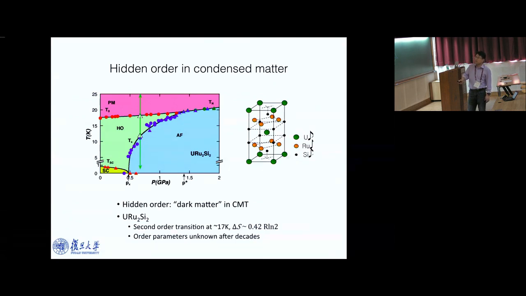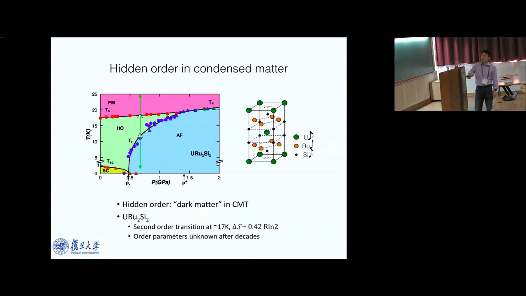So this is the phase diagram. The important part is this phase boundary between a paramagnetic state and an ordered state in this green region. There is a phase transition as you cool the system. This is the pressure, this is temperature. At ambient pressure, around 17 Kelvin, there is a phase transition. This phase transition is indicated by a sharp peak in the heat capacity.